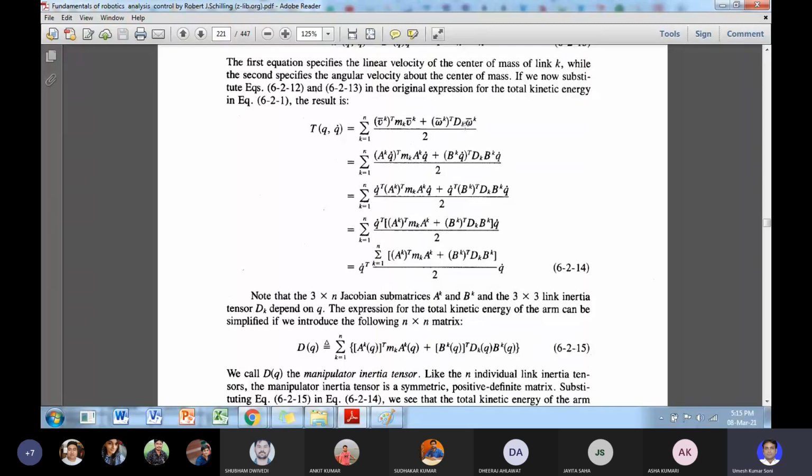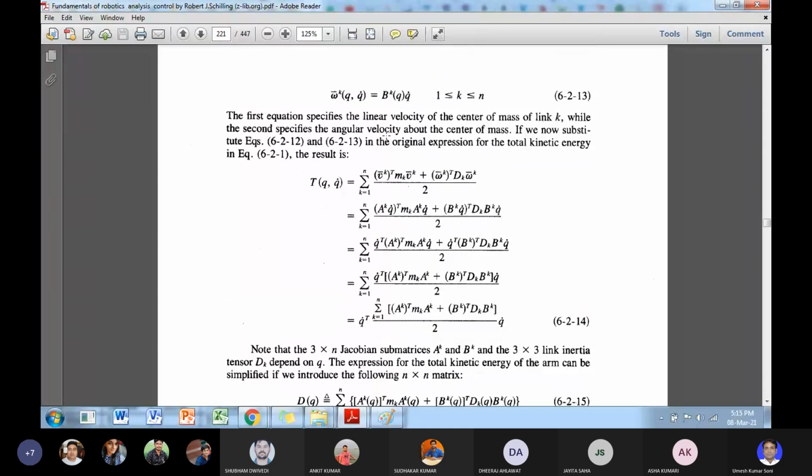In another book you can see it as I. So this is Vk transpose Mk Vk, the transpose of the velocity vector times the velocity vector.